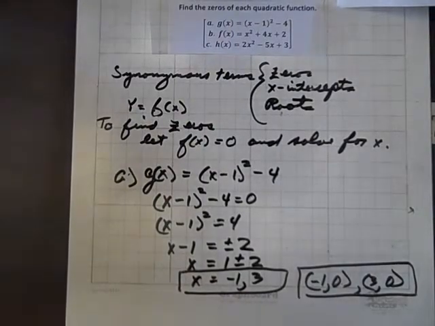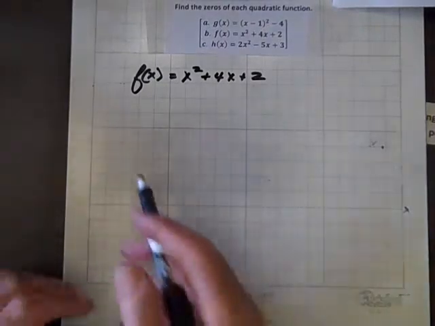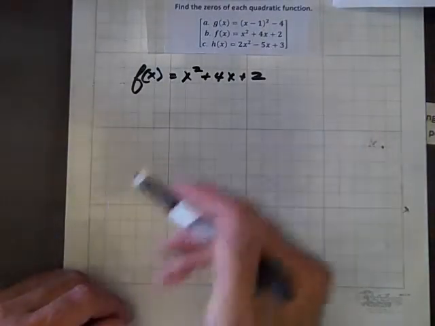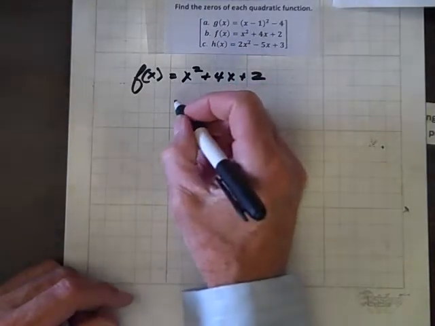And now we'll move on to the next problem. To find the zeros for f of x equals x squared plus 4x plus 2, we'll complete the square.